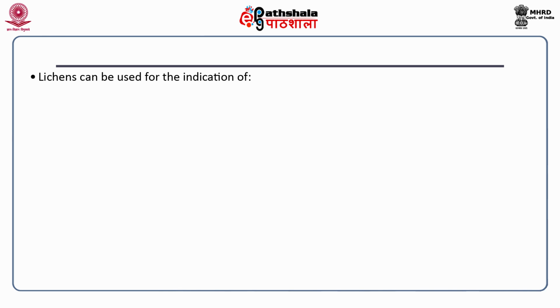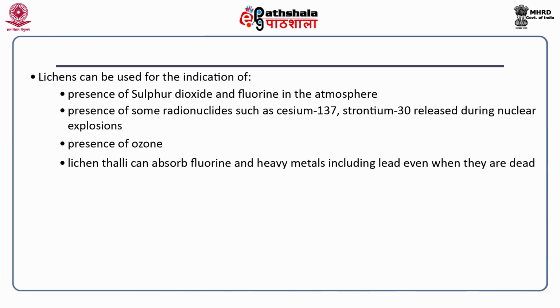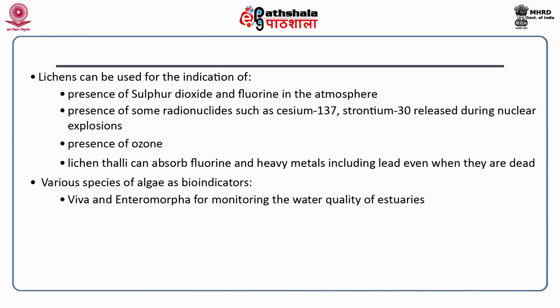Lichens can be used for the indication of the presence of sulfur dioxide and fluorine in the atmosphere, and the presence of some radionuclides, specifically cesium-137 and strontium-90, which are released during nuclear explosions. Presence of ozone is also indicated using lichens. Lichen thalli can absorb fluorine and heavy metals including lead even when they are dead. Various species of algae are also bioindicators. Ulva and Enteromorpha are used for monitoring the water quality of estuaries.